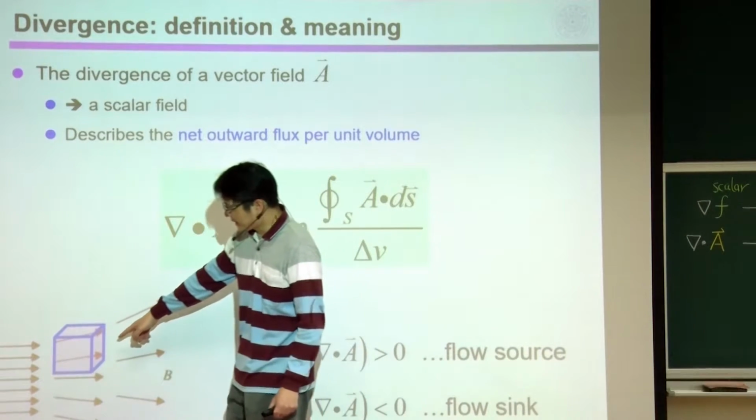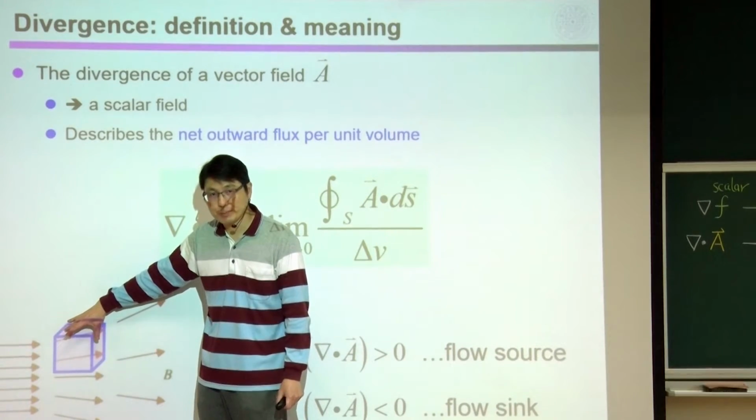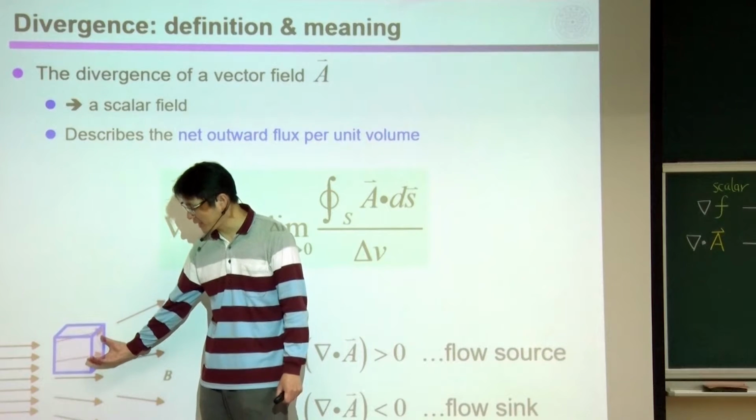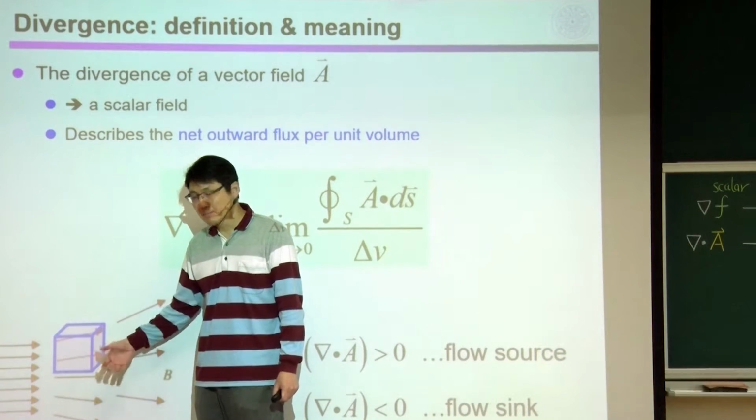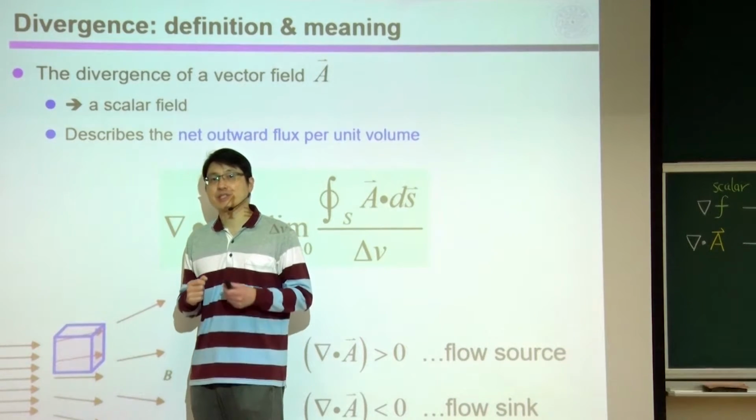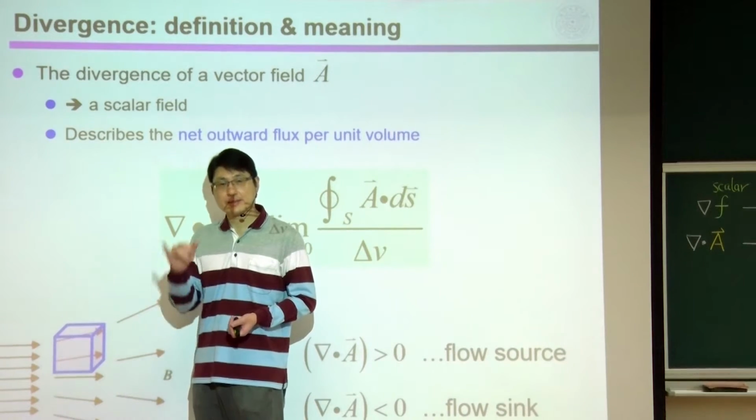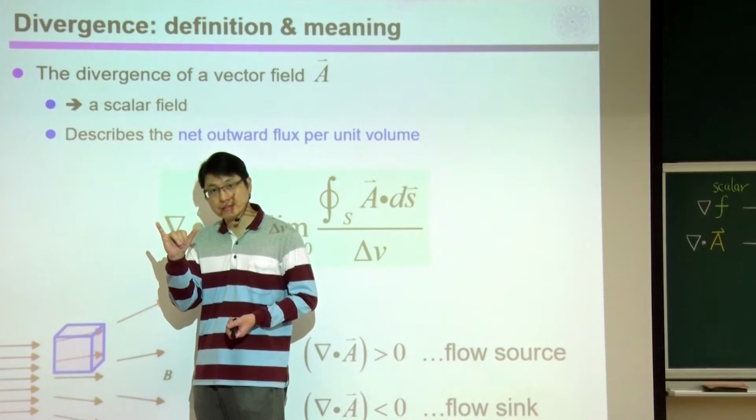So in this example, I have a small cube, right? The cube has its volume, but for a cube, how many surfaces do I have? 6, right?